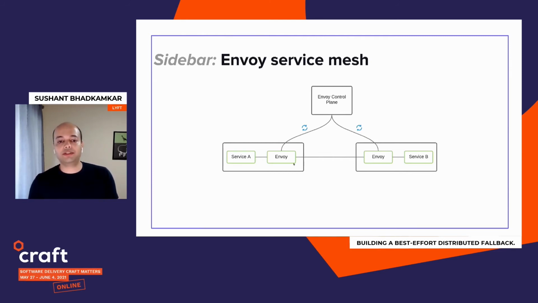That way we can just inject failures in the sidecar itself. So if we want to inject failures in service B, for example, this sidecar can simply return that particular HTTP status code that we have, or increase the latency of the responses that are coming back from service B.